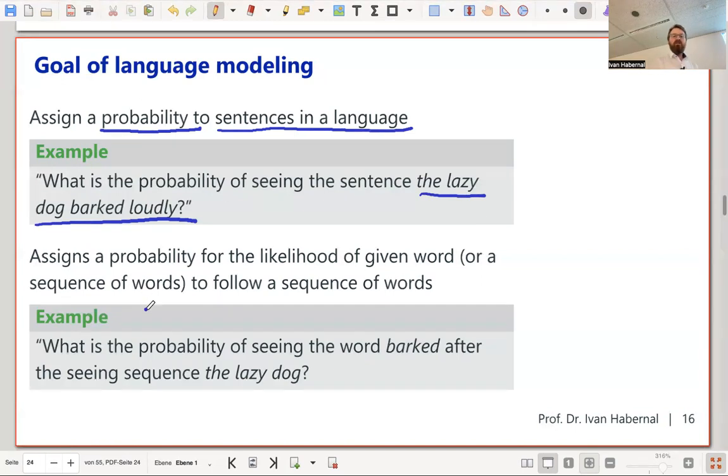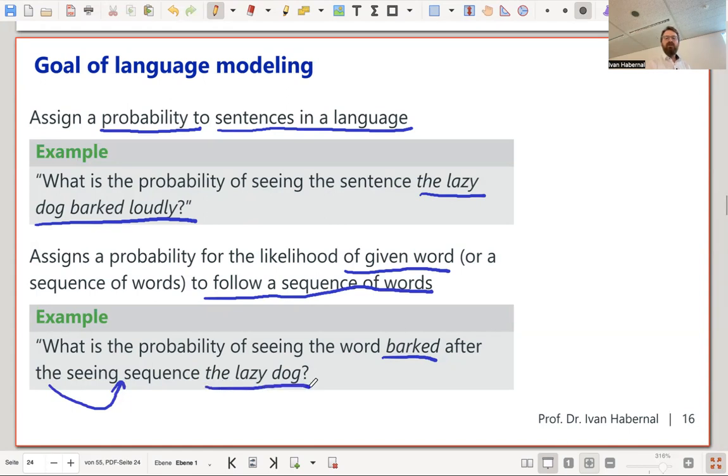Or another task we want to ask, which is the same task in a slightly different setup: assign a probability to the likelihood of a given word or a sequence of words that follow a sequence of words. So we want to ask, what is the probability of seeing the word bark after seeing the sequence, the lazy dog?